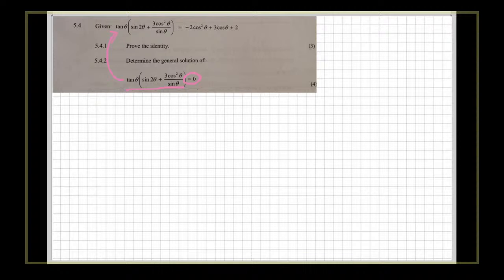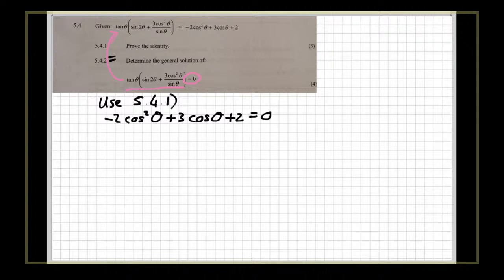Now for me to look at this, I see that I've got a left-hand side that's exactly the same as that left-hand side at the bottom. So in the place I can say use 5.4.1 and I've got negative 2 cos squared theta plus 3 cos theta plus 2 equal to 0.